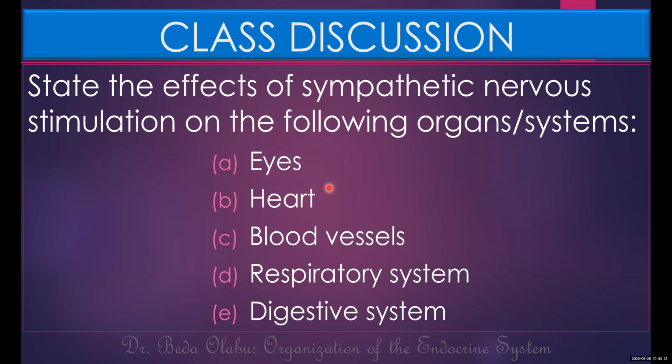So adrenaline has a positive chronotropic effect. Apart from positive chronotropic effect, what else does it do to the heart? Increases contractility. Very good. And the term given for that is? Inotropic. So it has a positive inotropic effect. Good. Another effect on the heart?